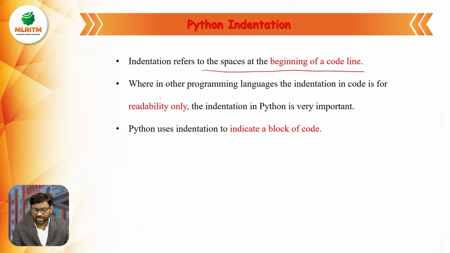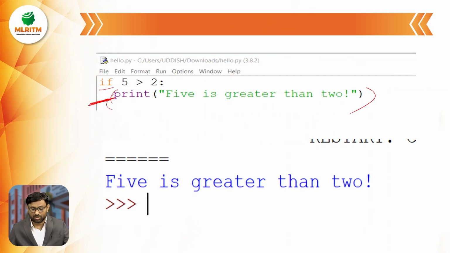In other programming languages, indentation in code is for readability only, but the indentation in Python is very important. Python uses indentation to indicate a block of code. Why does Python use indentation? Because it represents a block of code. Here I have given indentation, which simply represents that it is a block of code.